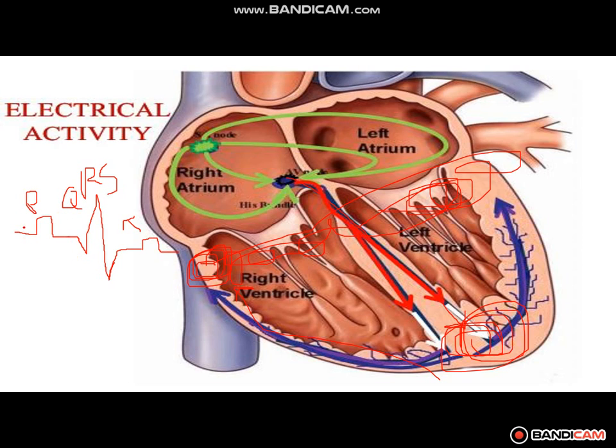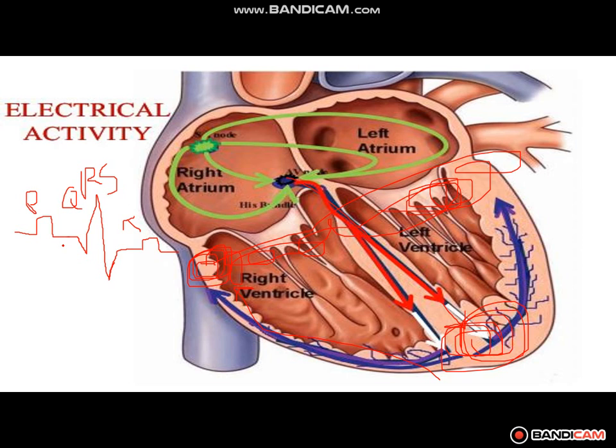So this is the P wave, this is the QRS complex, and this is the T wave. You can easily say that depolarization of the atrium produces a wave called P, depolarization of the ventricle produces a complex of three waves, the QRS complex, and repolarization of the ventricle produces another wave called the T wave.